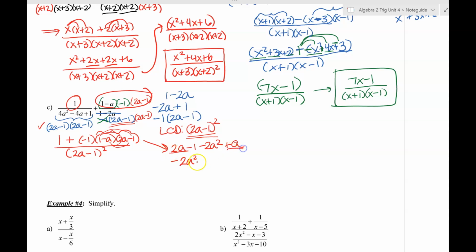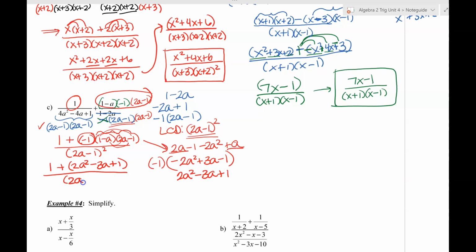So it would be negative 2a squared plus 3a minus 1. Okay. Now, what I haven't done is multiplied all of that by negative 1. So now I want to multiply by negative 1, which would give me positive 2a squared minus 3a plus 1. So this is really like having 1 plus 2a squared minus 3a plus 1.